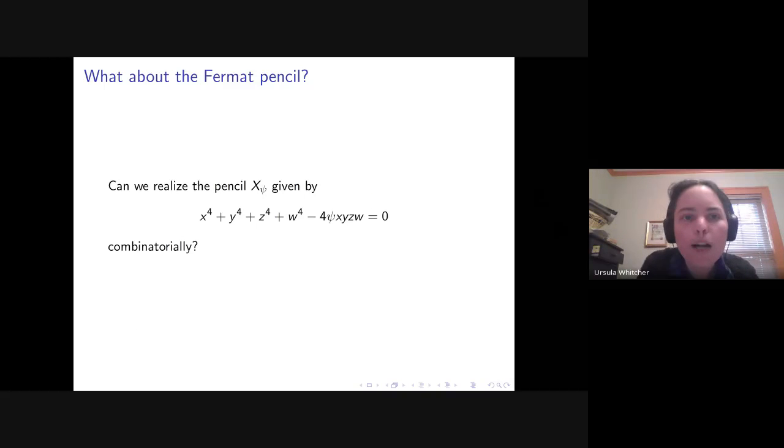But you can ask, what about the Fermat pencil? When we built the Greene-Plesser mirror, we didn't just have all of the smooth quartics. We also had a special pencil that was our diagonal pencil or our Fermat pencil. And so you might wonder, can I also see what's going on with that inside our polytope? And can I sort of reach out and grab this thing combinatorially?